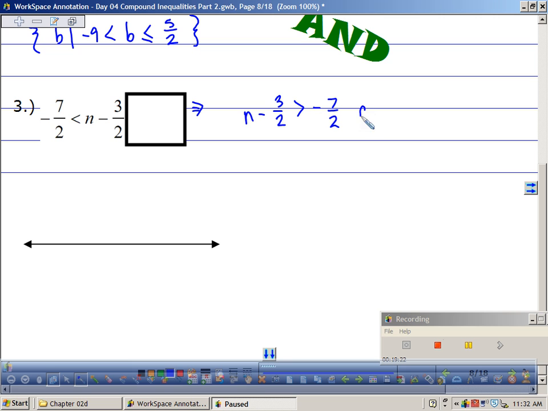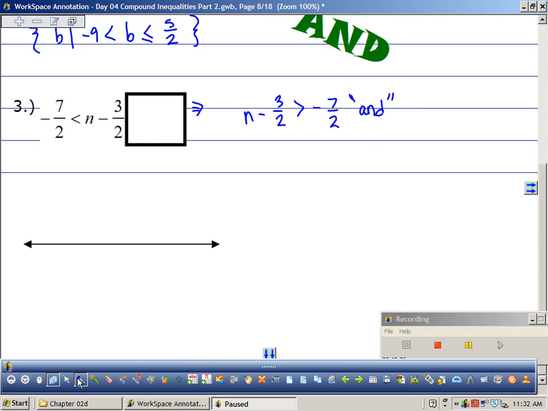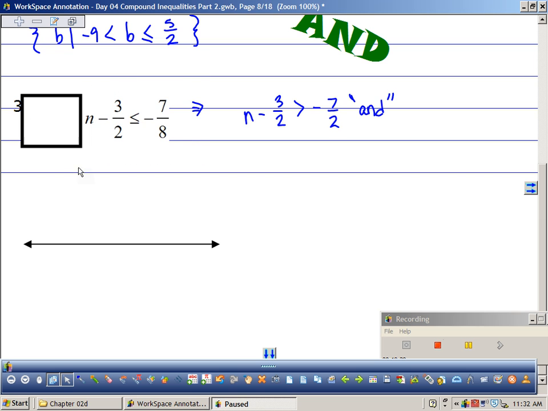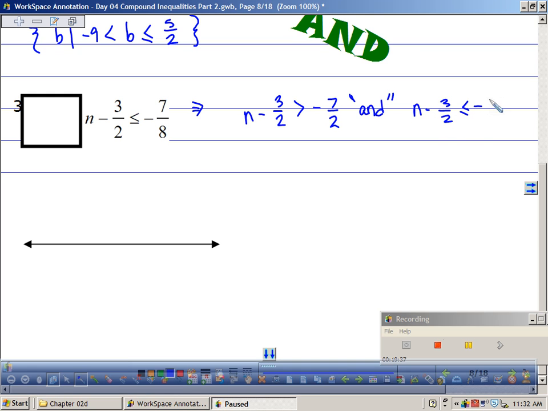Good. And let's look at the other side now. And that one's easy to read, right? Just like it is. n minus 3 halves is less than or equal to negative 7/8.